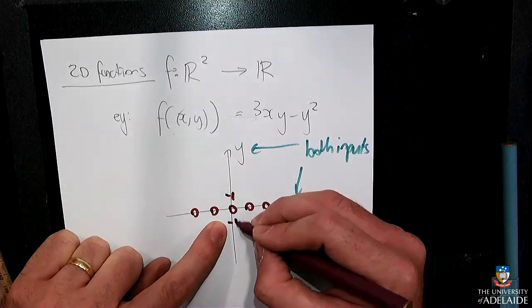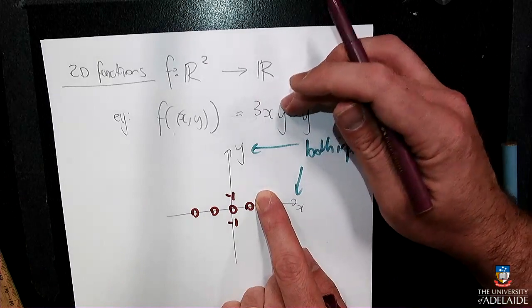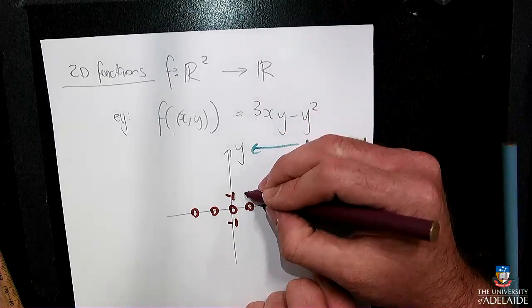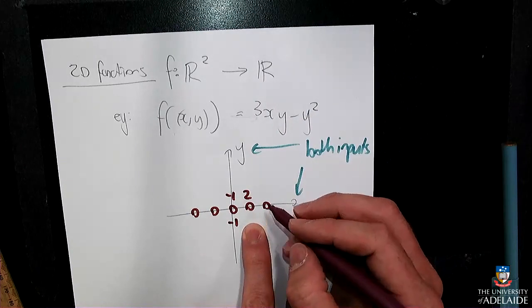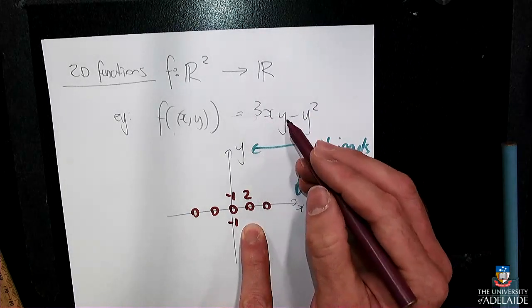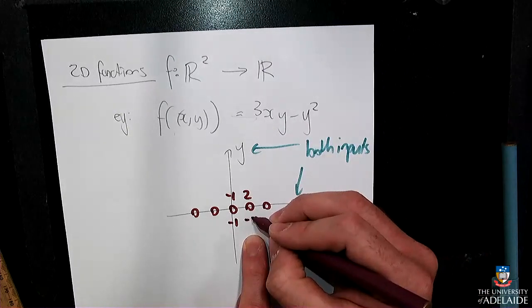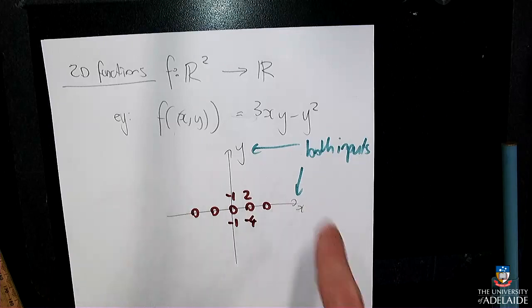And that's negative 1 there as well. And here at 1, 1, I get 3 times 1 times 1, which is 3, minus 1, so it's 2 here. And here, 3 times 1 times minus 1 is minus 3, minus 1, so I get minus 4 here, and every point has a value that's attached to it.